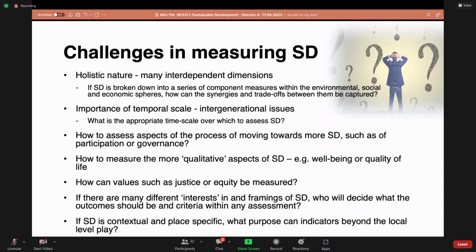So when we break things down into individual environmental measures, social measures, economic measures, then how can we capture these interconnections? How can we capture the trade-offs? When we try to protect the environment, we might be losing out on an economic aspect.